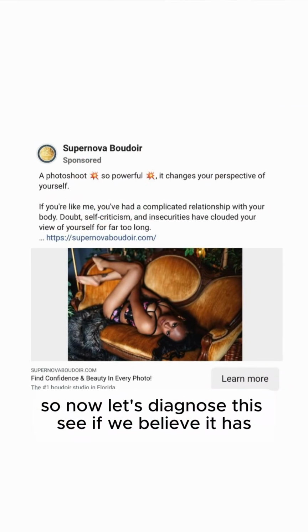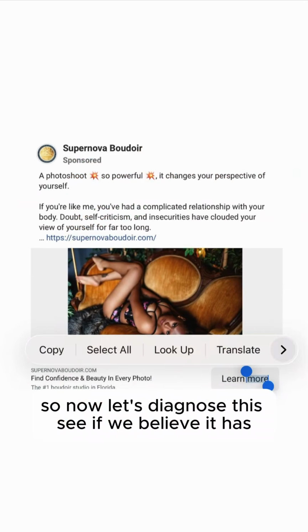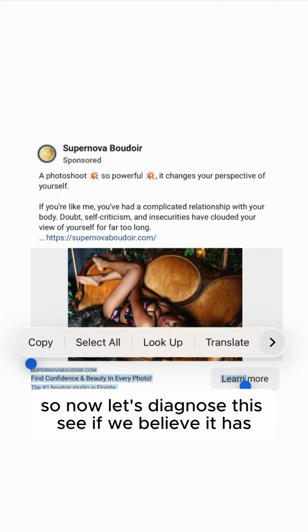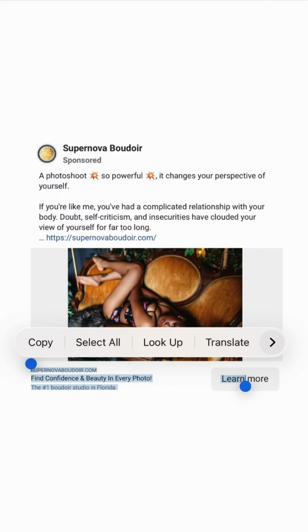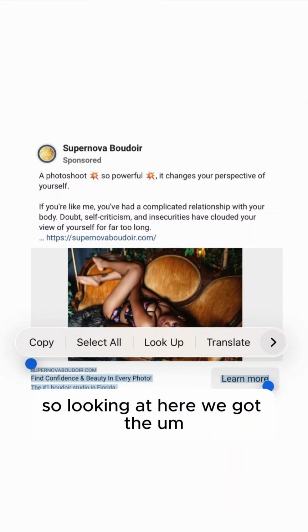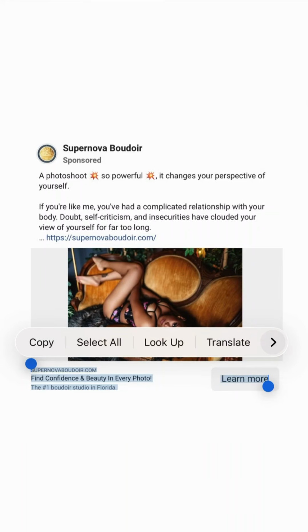So now let's diagnose this. See if we believe it has BLCS, aka Boudoir low click syndrome. So looking at here, we got the below creative cluster mistake.